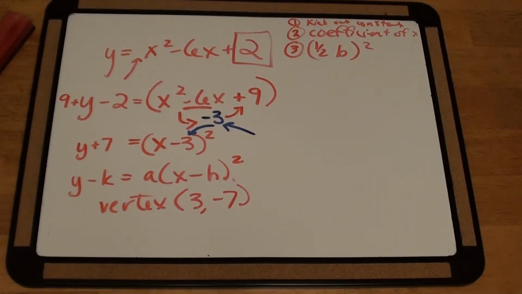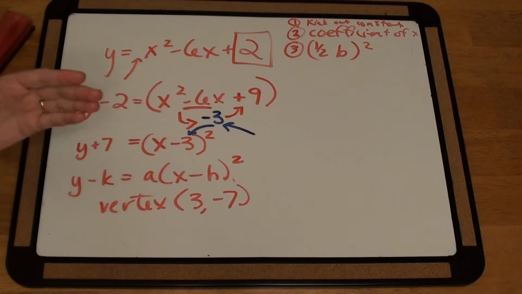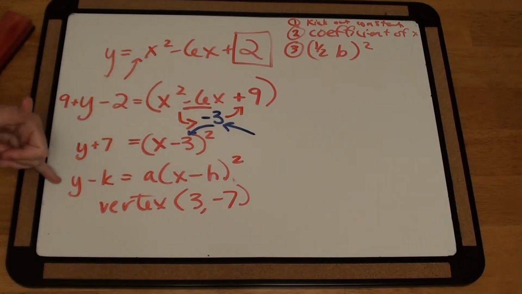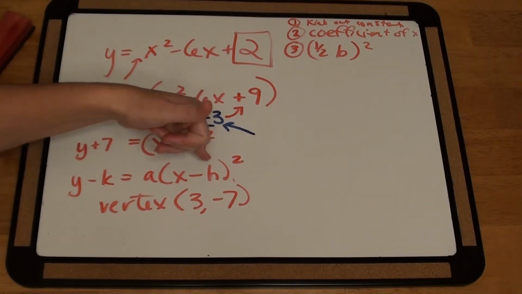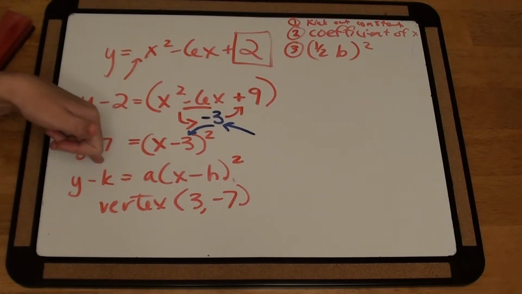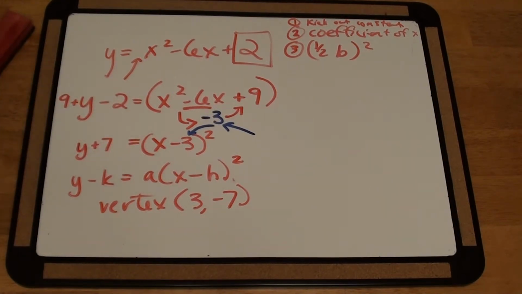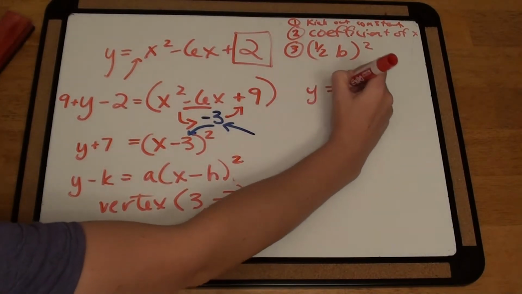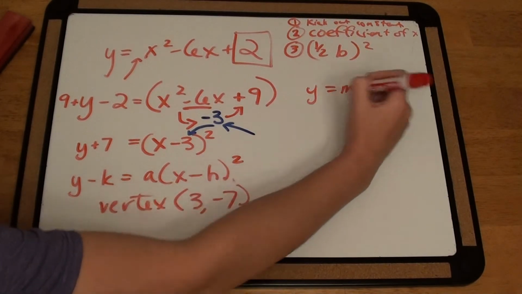Now, you need to know about vertex form. You need to know the formula. You need to know what the variables stand for in here. You need to know that x and y are your variables, that h and k represent your vertex. And we'll talk about a at length as we keep going. A mimics the idea when we have a line, y equals mx plus b.